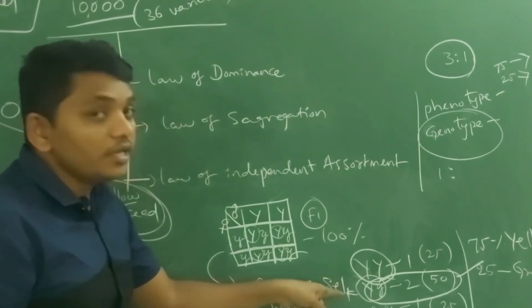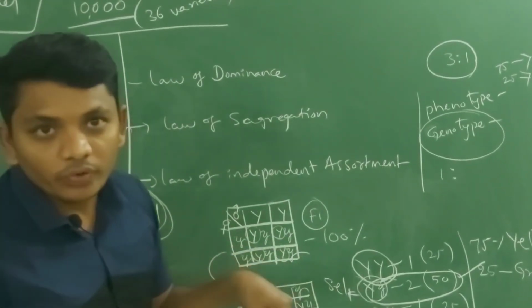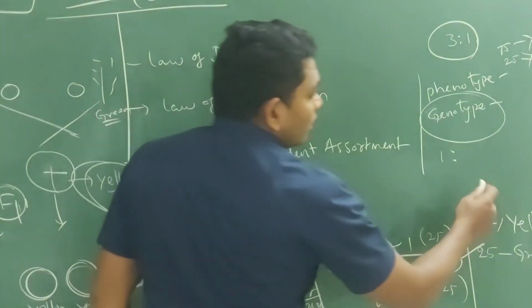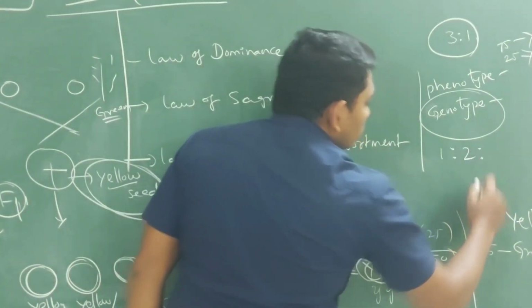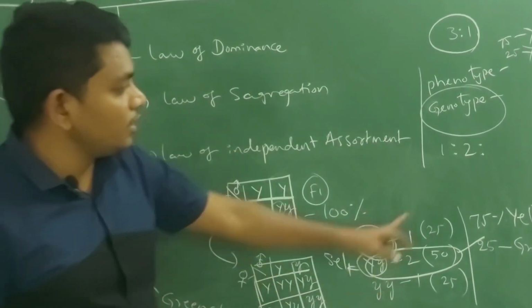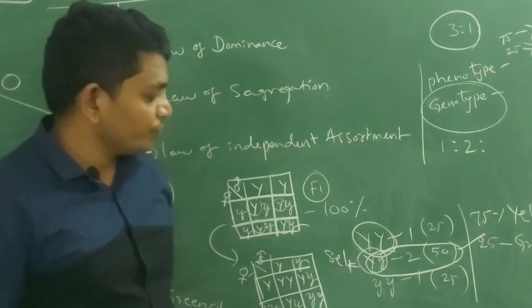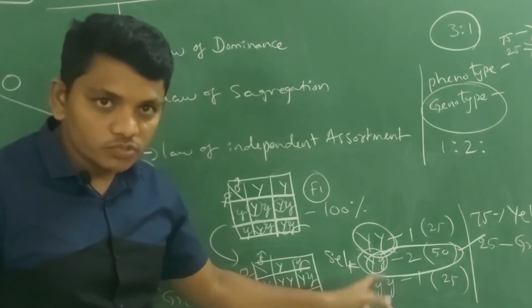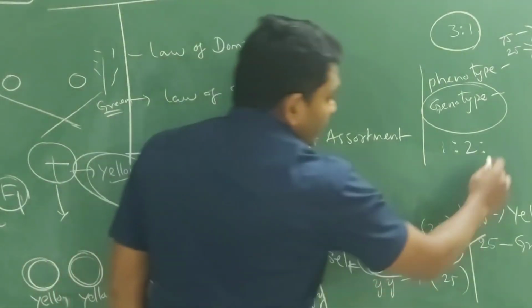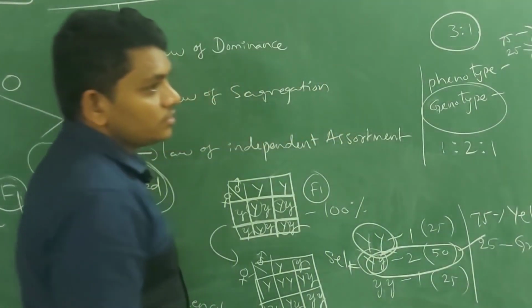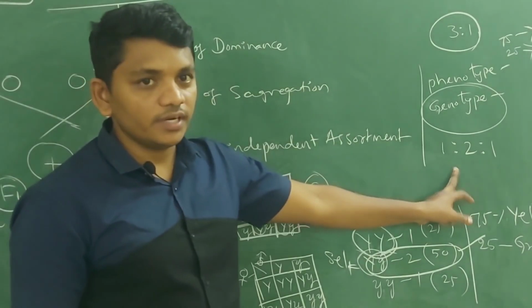That is why it is impure yellow. Impure characters are 50%, indicating 2, and pure green is 25%, that is 1.